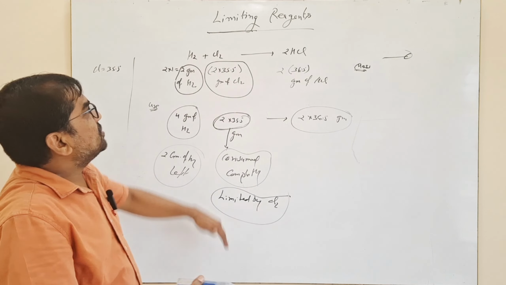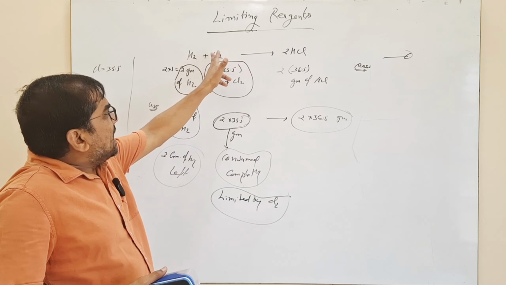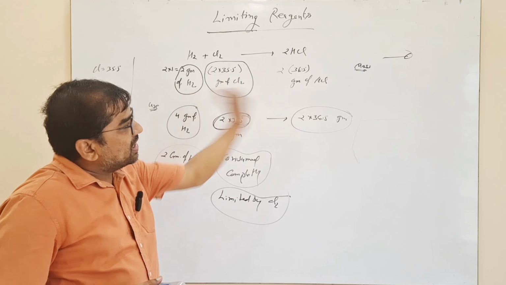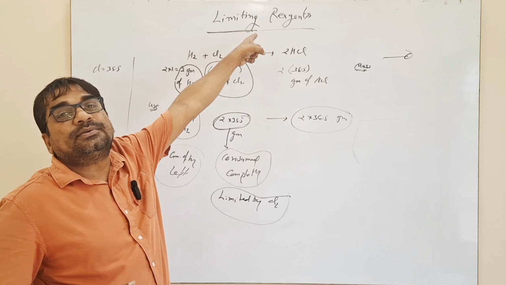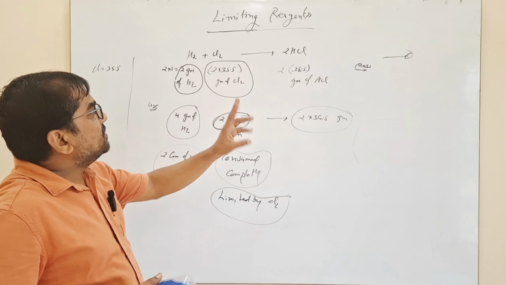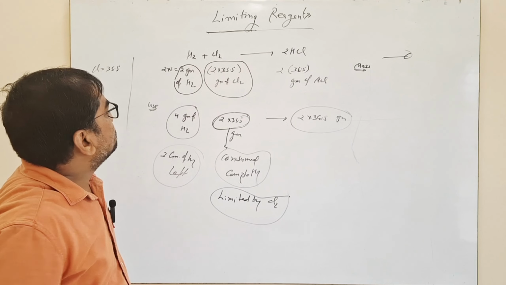So another definition of limiting reagent is: the reacting species that limits the product formation is called the limiting reagent in that reaction. So here we can explain the limiting reagent in two ways.